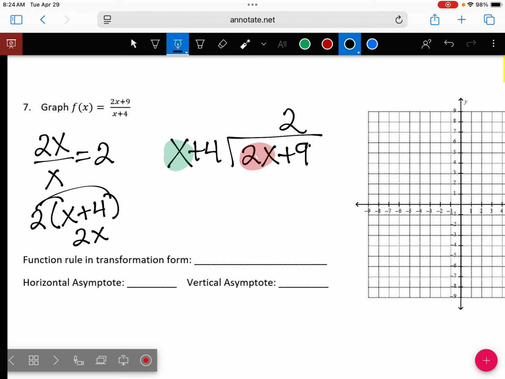That gives me 2x plus 8. Before I subtract, I have to do a change, which means that the 2x becomes a negative 2x, and the positive 8 becomes a negative 8. So I'm going to put negative 2x minus 8. This goes away, and I'm left with a 1.